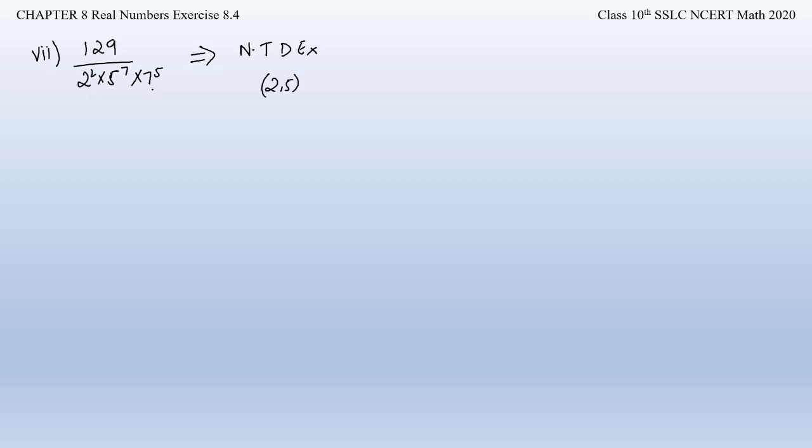Since 7 power 5 is present in the denominator and cannot be removed, this number is a non-terminating decimal expansion, and we cannot find the decimal expansion of this rational number. So we will stop here.